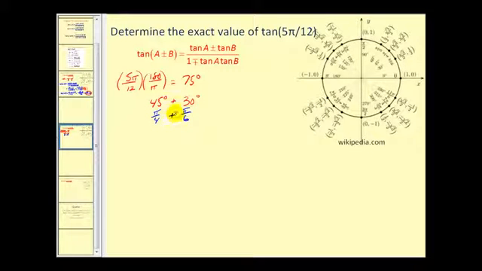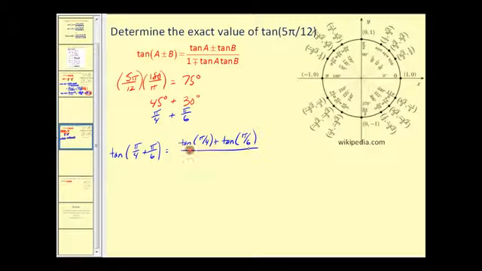Now we'll use a sum. So we'll have the tangent of A, or tangent pi over 4, plus tangent B, it's pi over 6, all over 1 minus tangent A, tangent B. Let's start evaluating this.